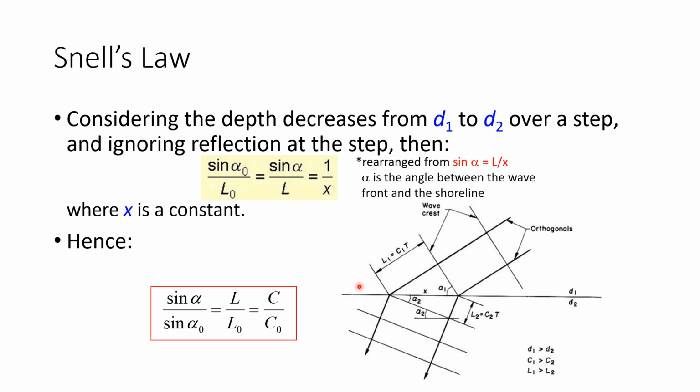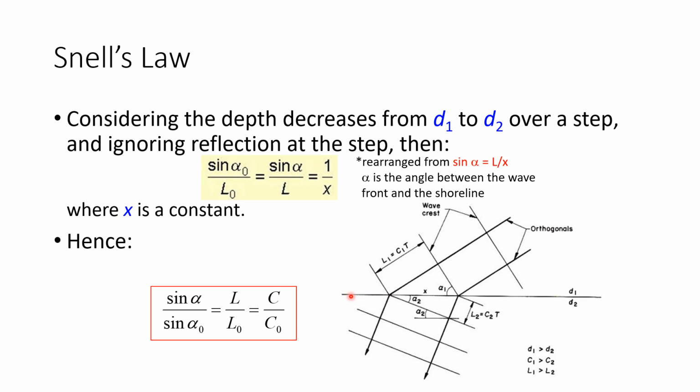So we are going to examine this angle over here. If alpha 1 is the angle of the incoming wave, and alpha 2 is the angle of the refracted wave, then we are able to construct this triangle over here, and also this triangle, which shares the same side, where the distance is assumed to be x.